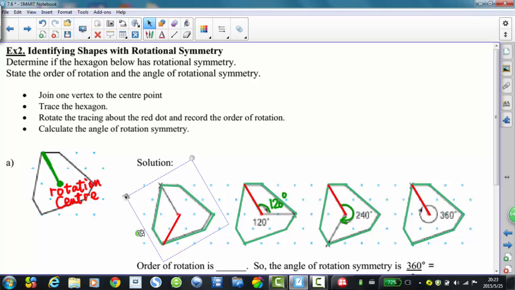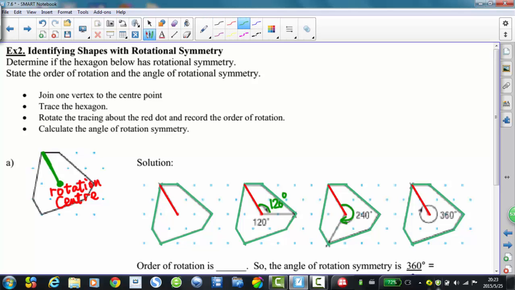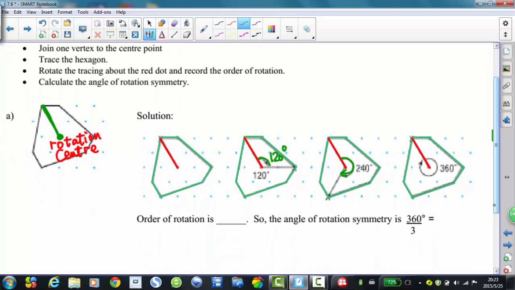So let's rotate one more 120 degrees. So this is the last 120 degrees, which makes 360 degrees as a complete rotation. The shape coincides with itself again. So I will see in one rotation, this shape coincides with itself 3 times.